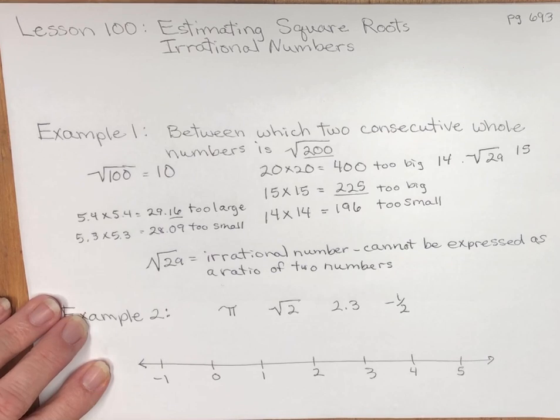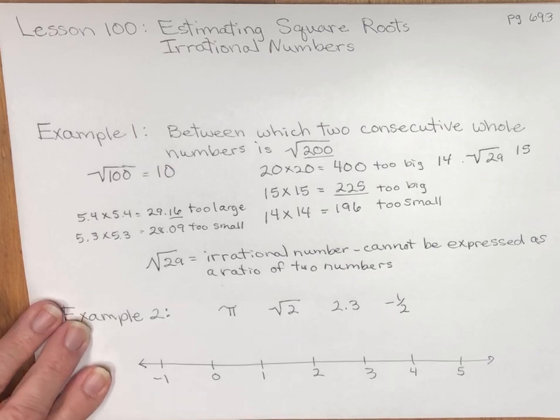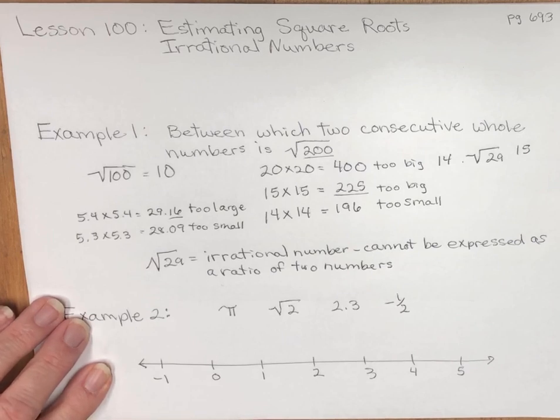Nevertheless, the square root of 29 is a number that has an exact value. For instance, look at the picture on page 695 where you see the triangle. It's a right triangle because it has a little box in the corner. One leg is 2 centimeters, another leg is 5 centimeters. And we know that a squared plus b squared equals c squared.